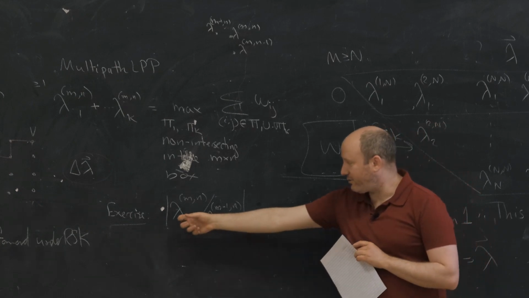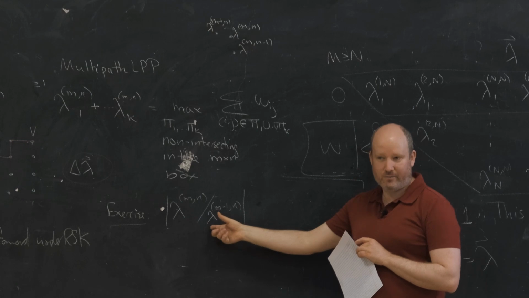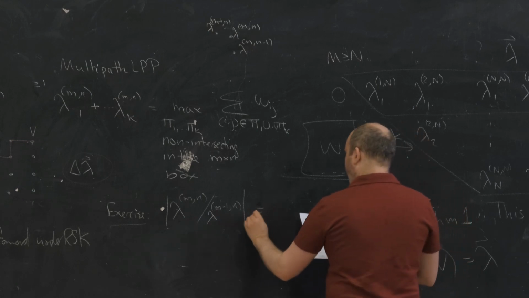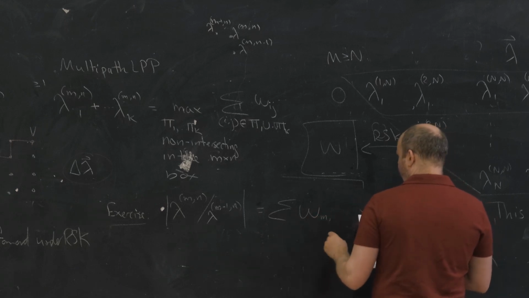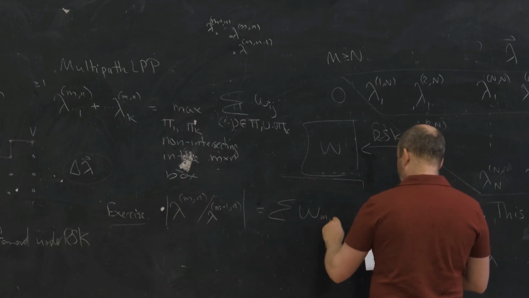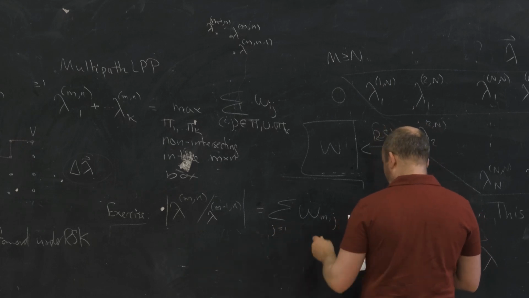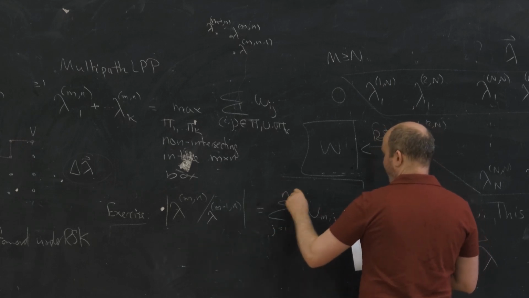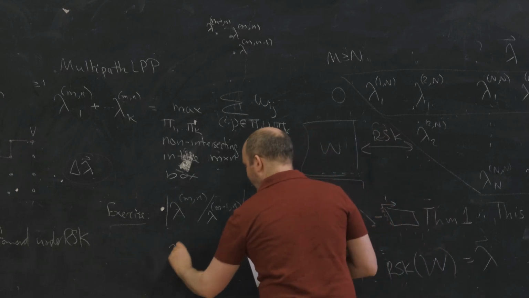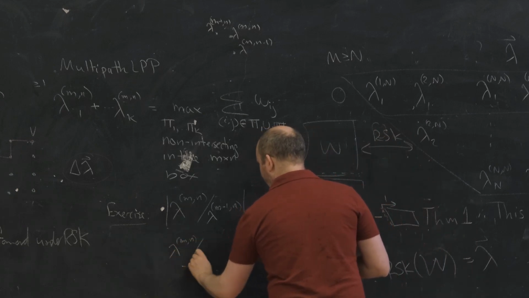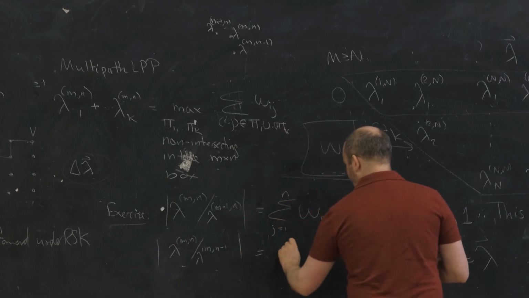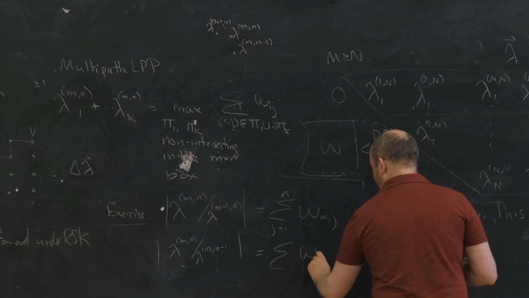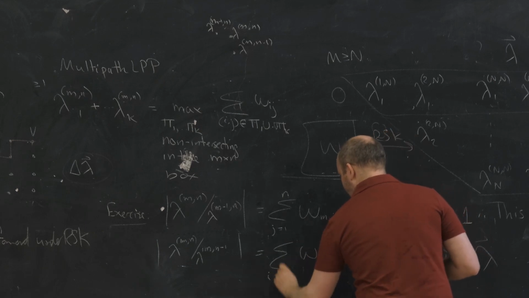Of course, it's equal to just the size of this minus the size of that, right? And the claim is that this is equal to the sum over all w's that are in column m, so that have coordinate mj for j equals 1 to n. And similarly, if I look at the skew diagram mn over mn minus 1, this is equal to the row sums, i equals 1 to m.